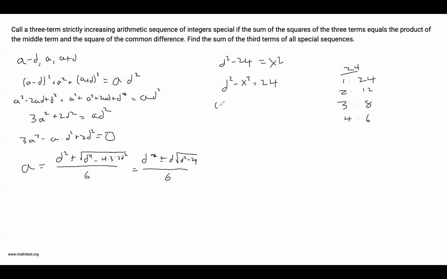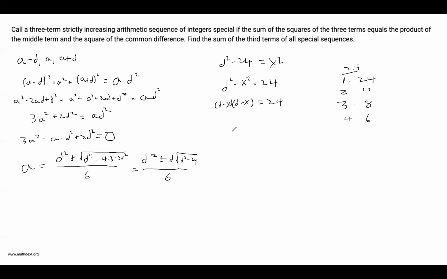And remember, since d plus x times d minus x equals 24 for integers d and x, we can just substitute these integer factors of 24 in for d plus x and d minus x, right?